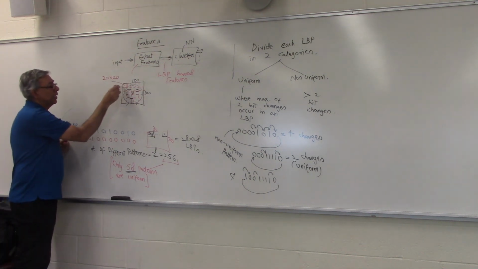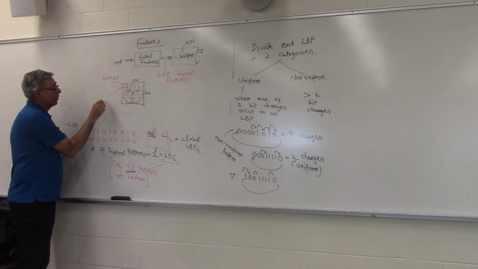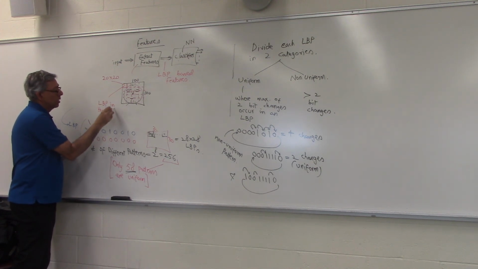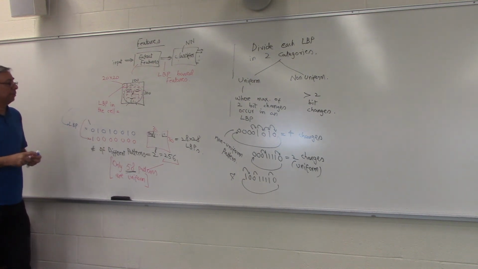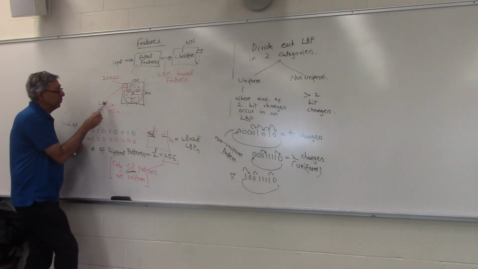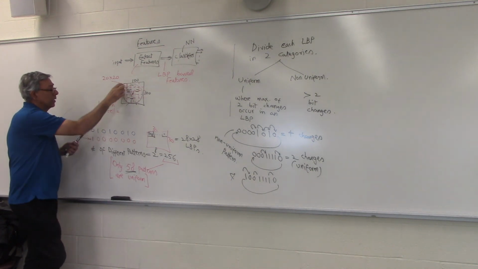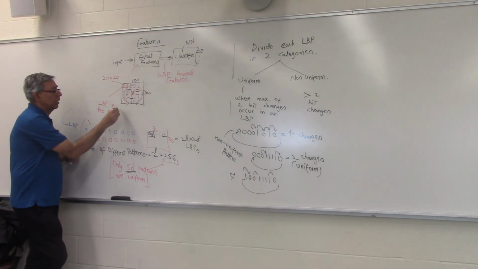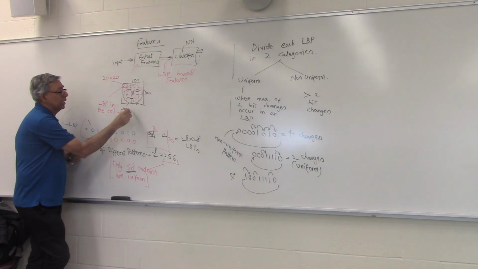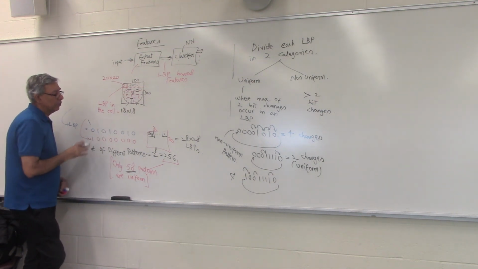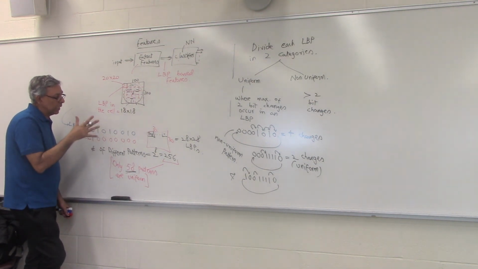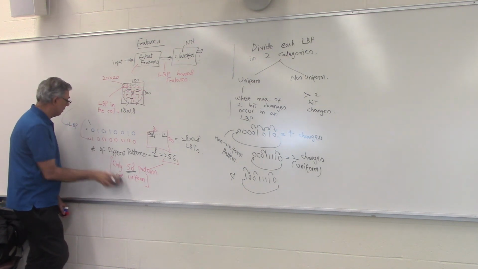So now let me compute the LBP features over here. How many local binary patterns will there be in this 20 by 20 cell? 18 by 18, correct? Which is still more than 300, I think, right? Whatever that number is.